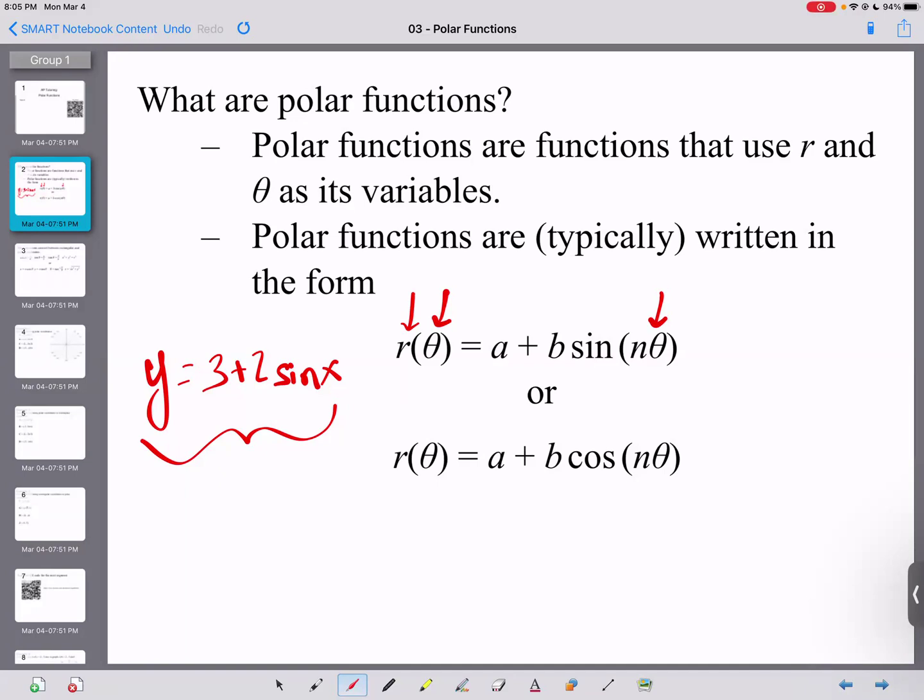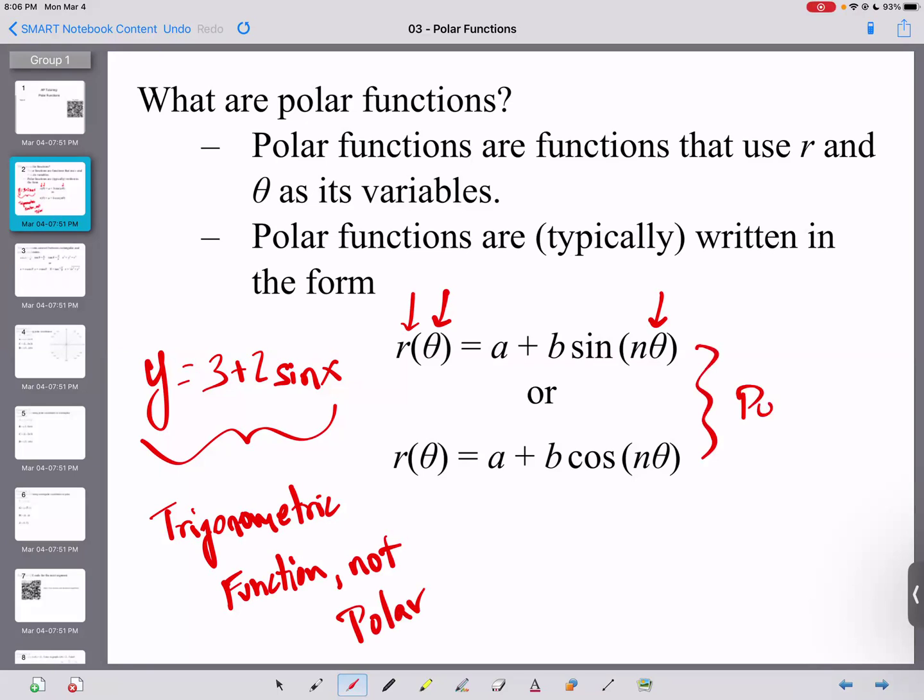That's not polar. That would be a trigonometric function, but it's not a polar function because it's not in the form of having an r and a theta. So just want to make sure we're clear on that. That is a trigonometric function that's not polar, because it's not an r and a theta. Whereas these would be polar over here.